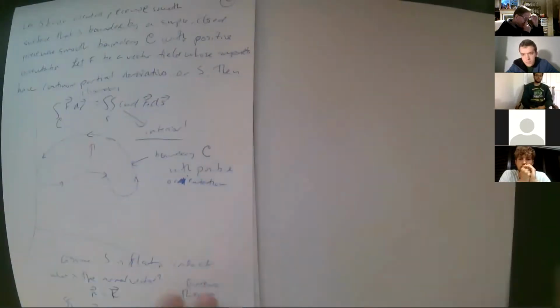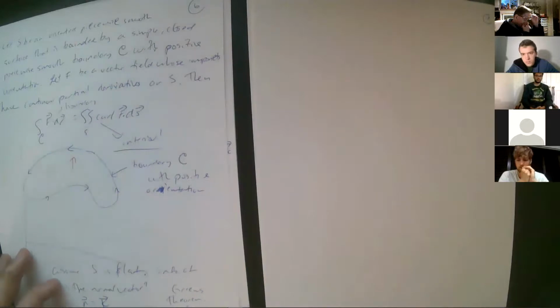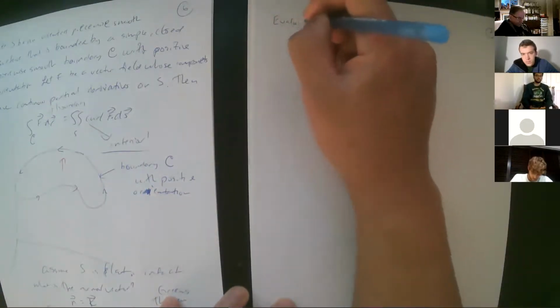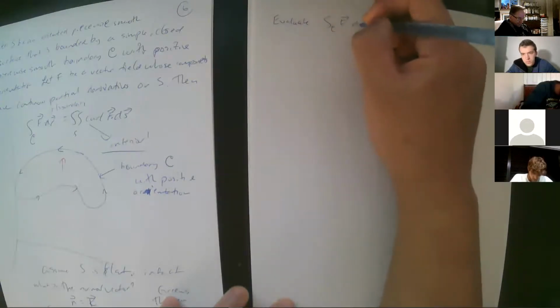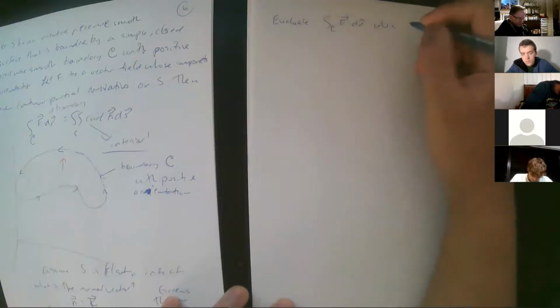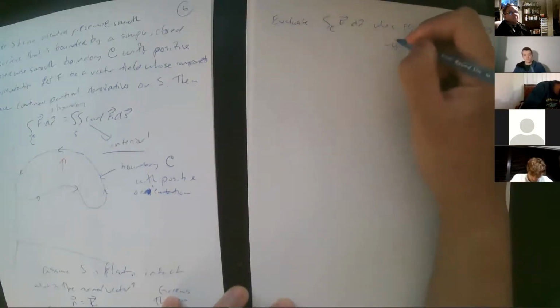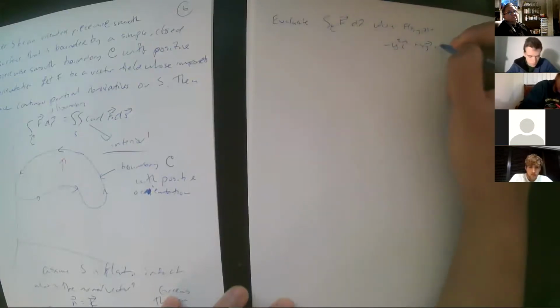Let's look at an example here. Let's evaluate the integral over C of f dot dr, where f of x, y, z is minus y squared i plus x j plus z squared k.